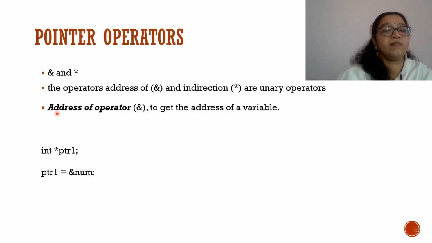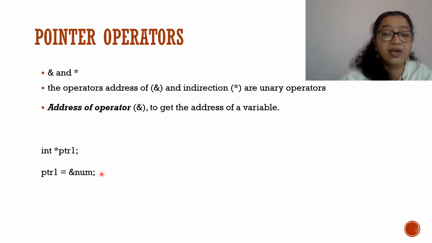Okay. Now, the address of operator, ampersand sign, is used to get the address of a variable. So, ampersand sign is used for what? To get the address of a variable. So, let's see how to use this. int star ptr1, meaning ptr1 is the pointer variable because we put star here. Okay. And in the next line, ptr1 is equal to ampersand num. See, the address of operator is there.